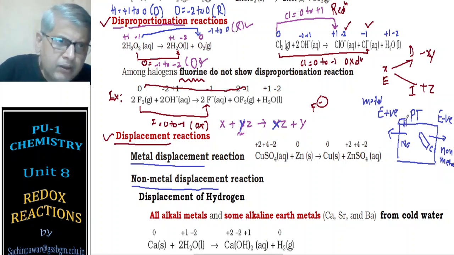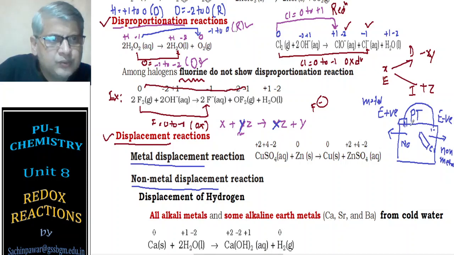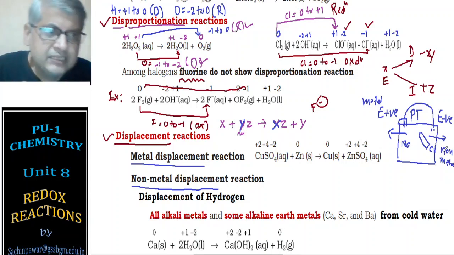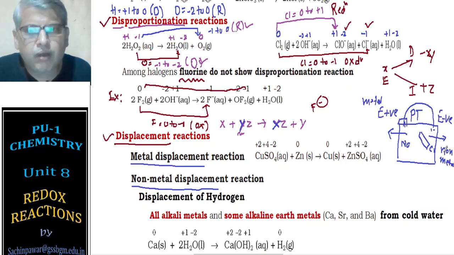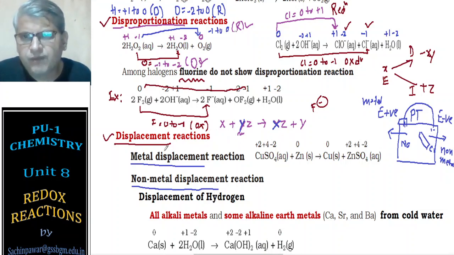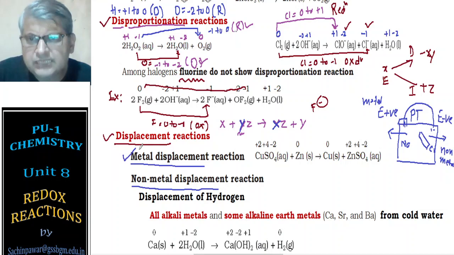Hydrogen actually belongs to the family of halogens. So it will show the property of halogens, and therefore it is considered as a non-metal. It is not electropositive, it is considered as a non-metal. So displacement of non-metals, let's see some examples. Metals first, displacement of metals.